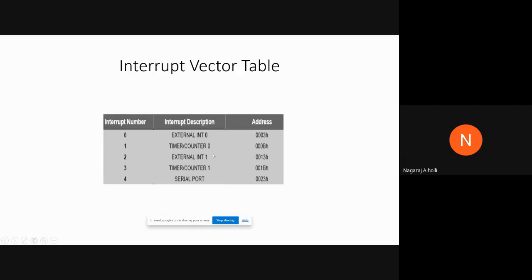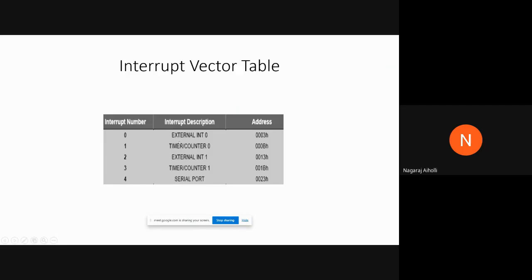Then to get the interrupt vector, the starting memory location of the interrupt service routine for external interrupt 1, we add 8 to 000B. Then we get 0013H, which is the starting memory location of the ISR for external interrupt 1. Similarly for the other interrupts.